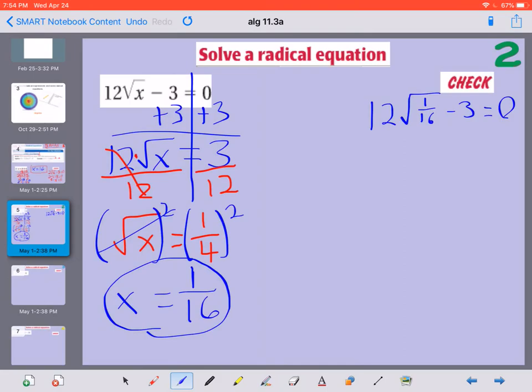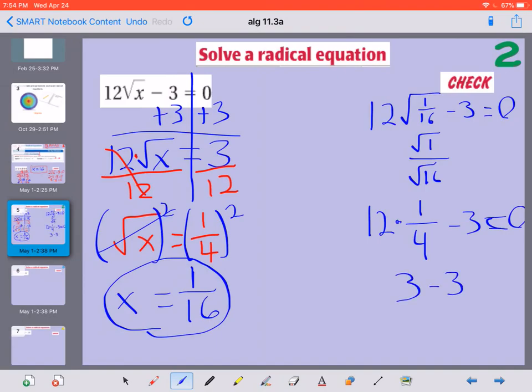The square root of 1 over 16 is like saying the square root of 1 over the square root of 16. The square root of 1 is 1, square root of 16 is 4. So 12 times 1/4 minus 3 equals 0. 1/4 of 12 is 3, minus 3, 3 minus 3 is 0, so 0 equals 0.